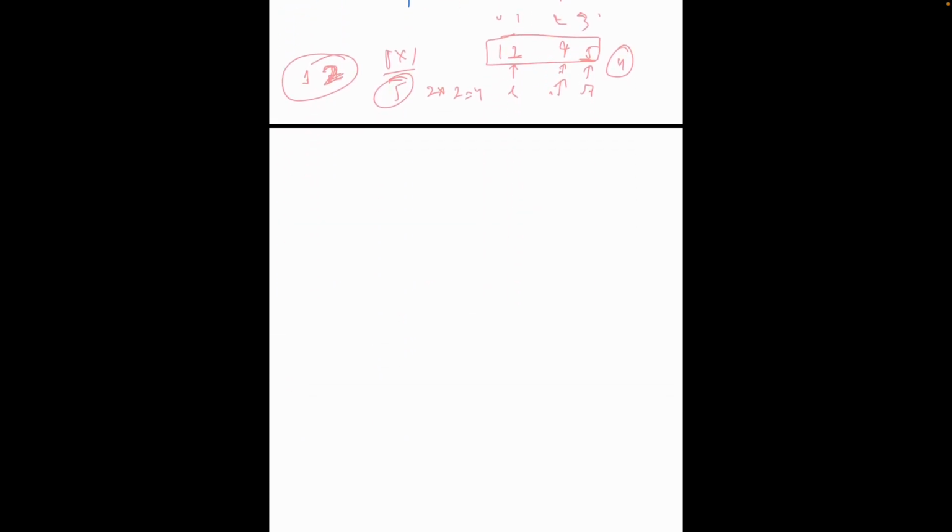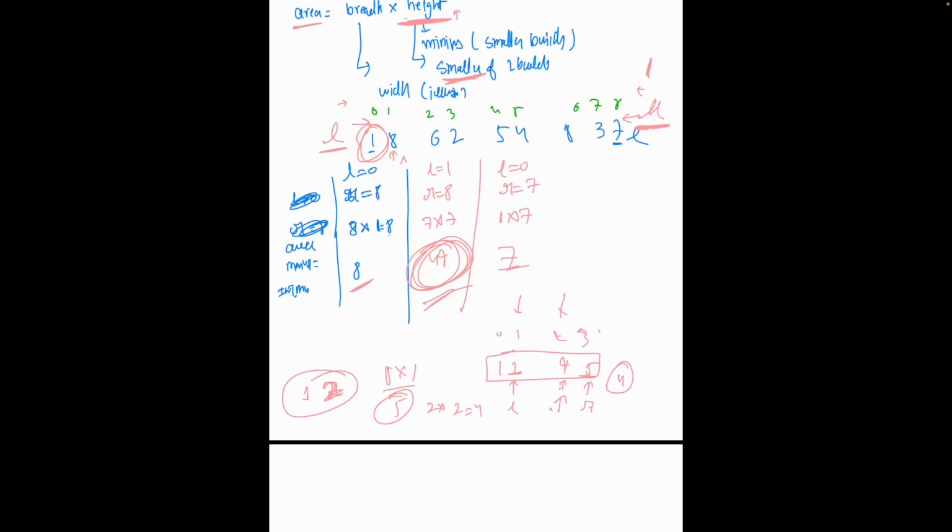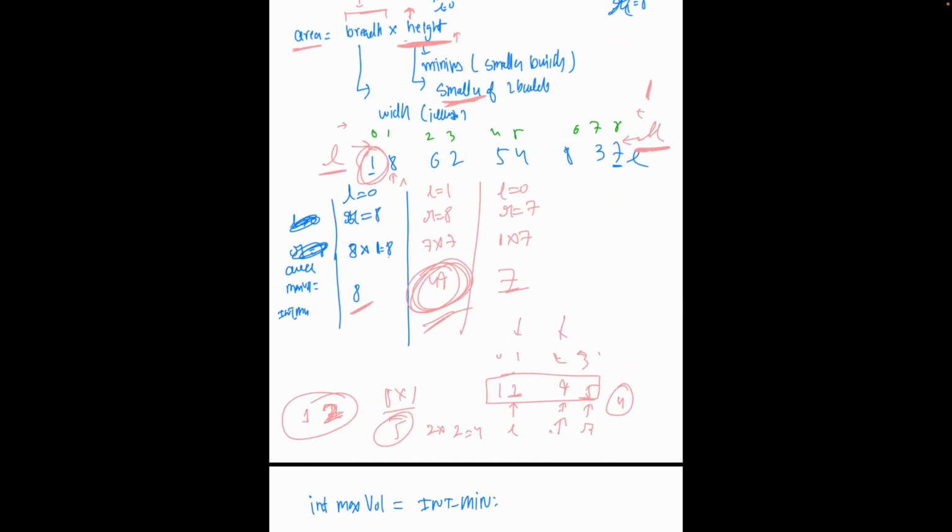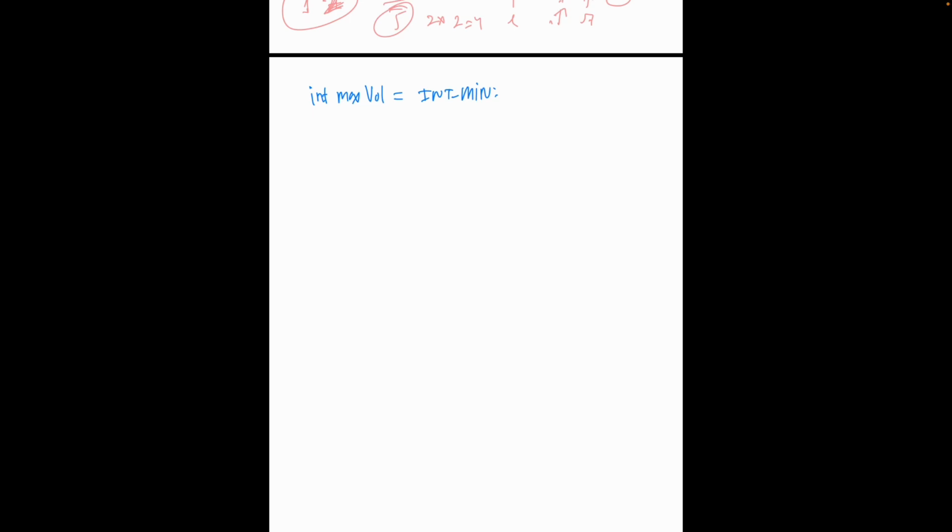All right, looks good. Now let me code this out for you folks. So let's see what variable we took. We'll take int max area equal to int minimum, and then we start L equals 0, R equals nums dot size minus 1. Now while L is less than R, I don't want to be handling the case of equals to.